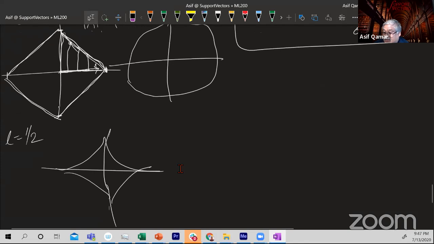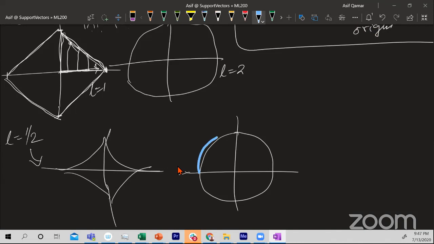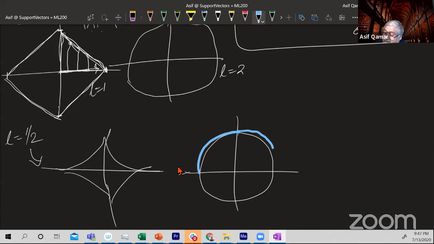So this is L is equal to 1, and this is L is equal to 2. What does L is equal to 3 and so forth look like? Remember that we had a unit circle for L is equal to 2. L is equal to 3 will develop a little bit of a bulge over this. It's bulged out a little bit.